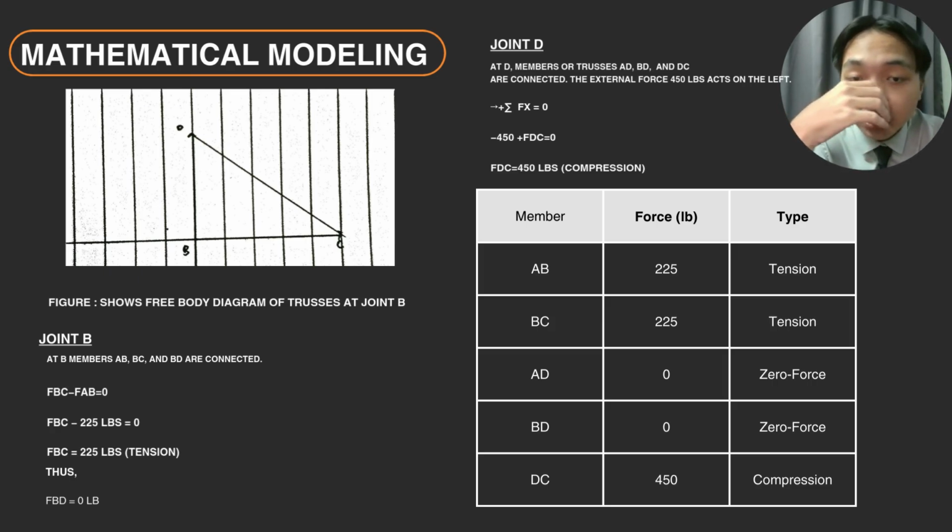And then FBC, the force would be 225 as well, and it would be tension as well, which means it would be this way and not this way, so you can see tension or compression. And then AD and BD would be zero force members, and then DC would be 450, which means it would be compression. That's all.